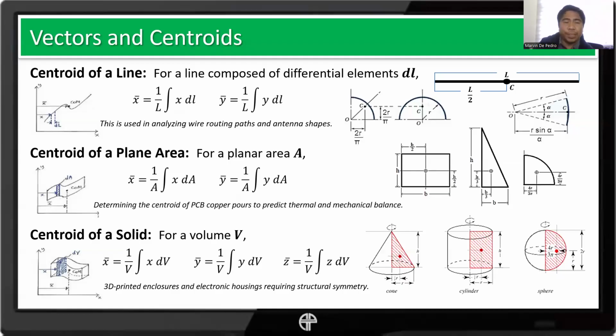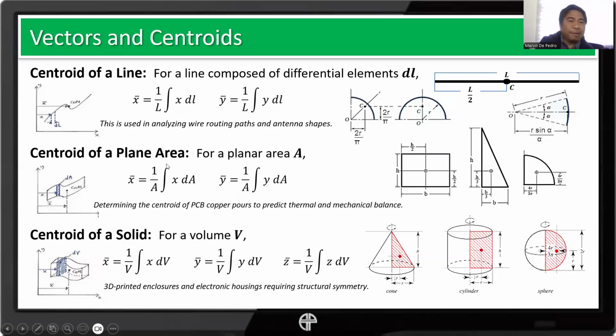Similar formula. And as you can see, the easiest shape is of course the square because it's just the half. We basically locate the midpoint of the length and the midpoint of the height.